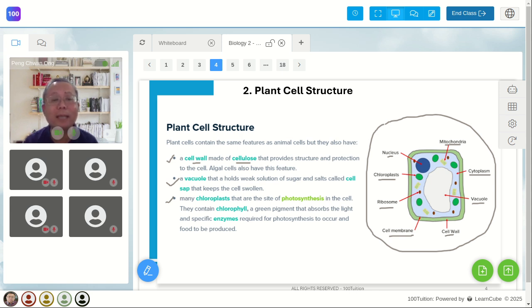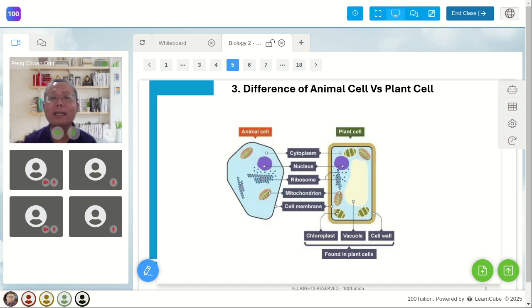So chloroplasts contain chlorophyll, and we know that chlorophyll is the green pigment that causes photosynthesis to happen in the presence of light. And photosynthesis is how plants produce food.